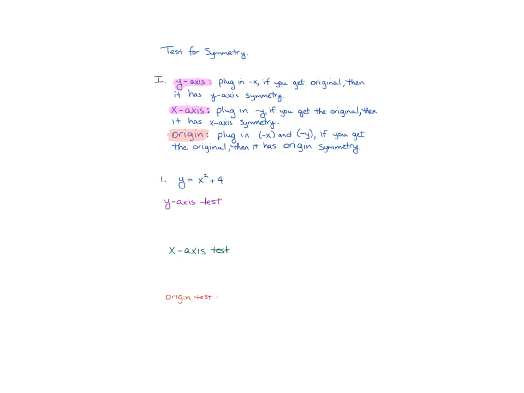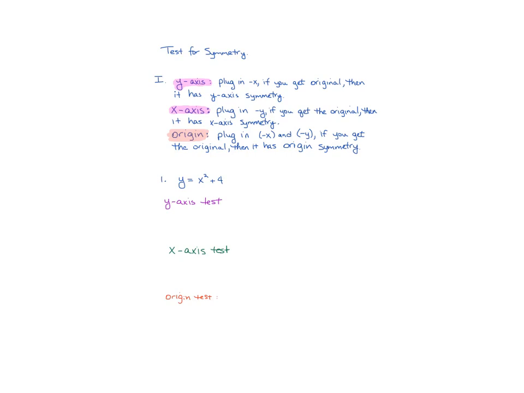If you get the original problem, then it has y-axis symmetry. The test for x-axis symmetry, you plug in negative y. If you, again, get the original after you simplify, then it has x-axis symmetry. For the origin, when you plug in negative x and negative y, if you get the original, then it has origin symmetry. And I'll show you what this means.